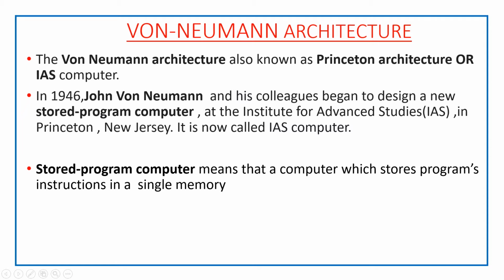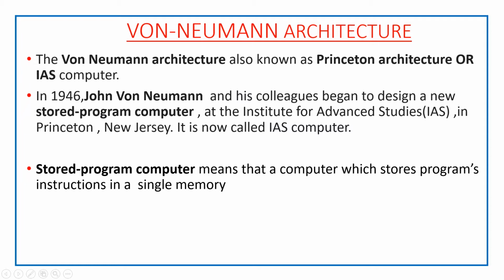So we have a question in our mind: from whom did this von Neumann architecture come, and how did the name Princeton architecture or IAS computer come? So let us see in detail.